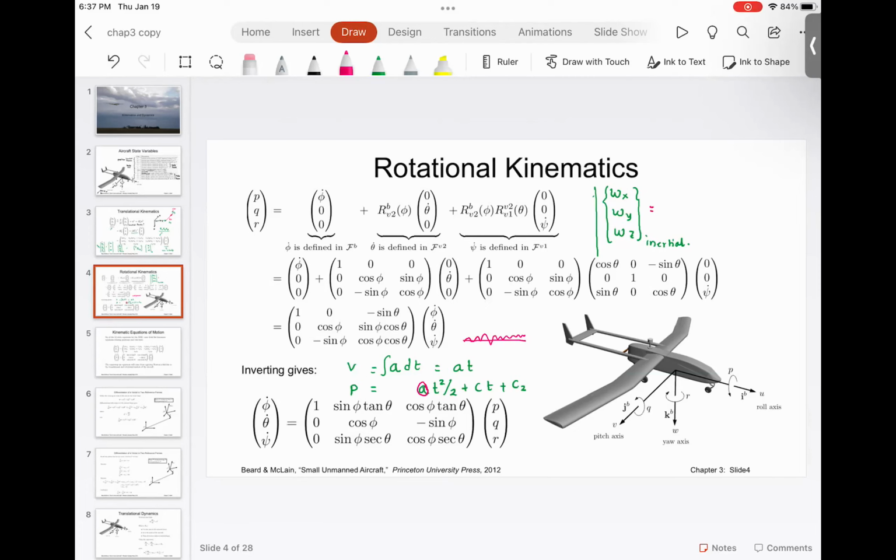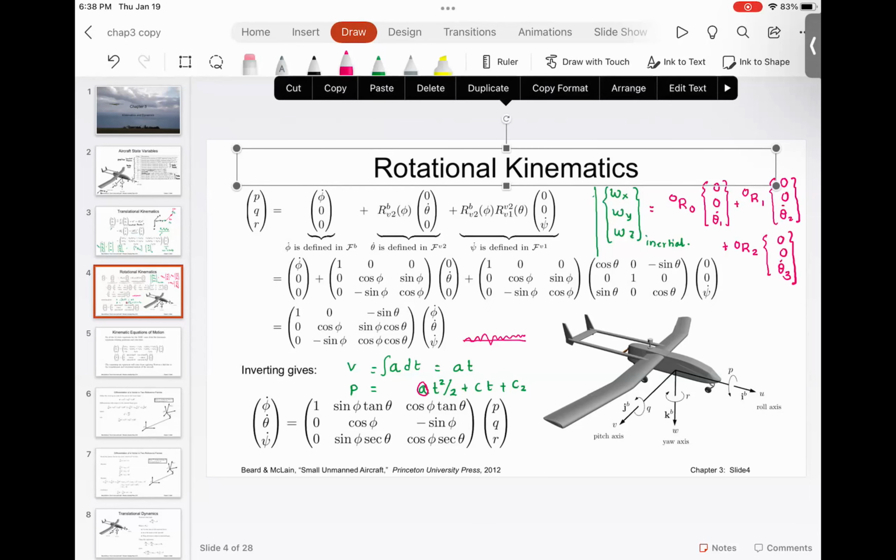Omega x, omega y, omega z are the rotation rates about the inertial frame, and these are given as, if you remember, 0 r 0 times 0 0 theta 1 dot, plus 0 R1 times 0 0 theta 2 dot, plus 0 R2 times 0 0 theta 3 dot.